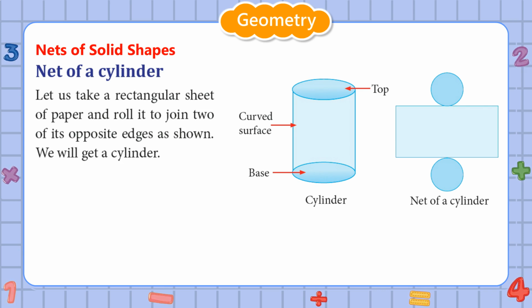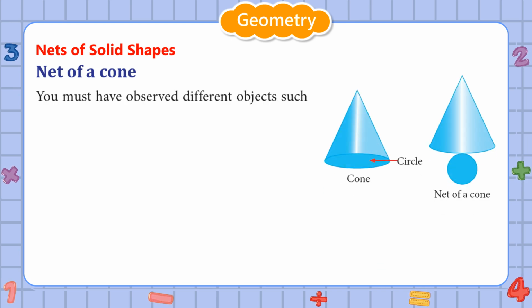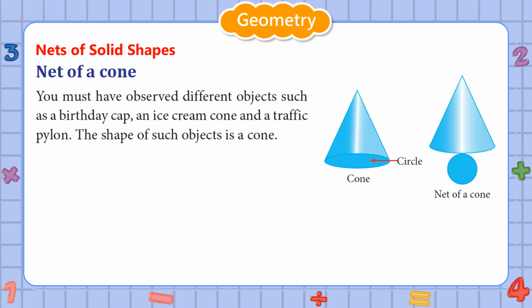We will get a cylinder. The net of a cylinder will be as shown. Net of a cone. You must have observed different objects such as a birthday cap, an ice cream cone, and a traffic pylon. The shape of such objects is a cone. Let us observe the net of a cone.